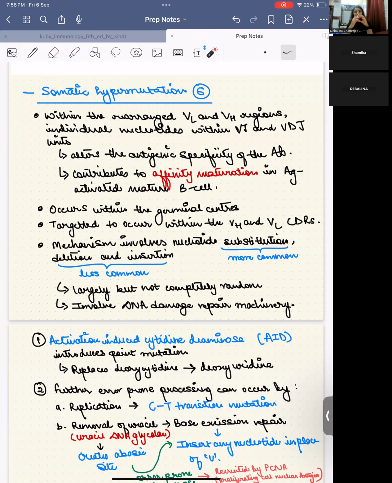But over here, we have a single DNA, and this DNA can undergo a mutation. So this can alter the antigenic specificity of the antibody molecule that has formed, and also contribute to affinity maturation.